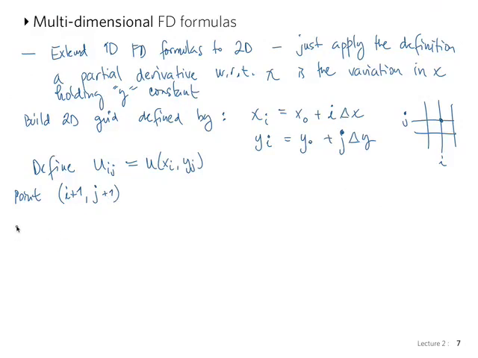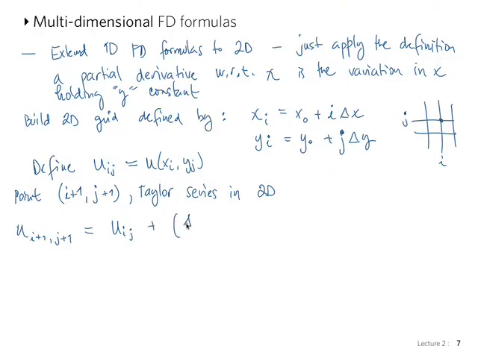a Taylor series expansion in 2D. And we can write u i plus 1, comma j plus 1. It's going to be equal to u ij plus the variations.